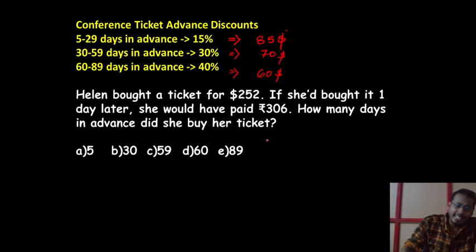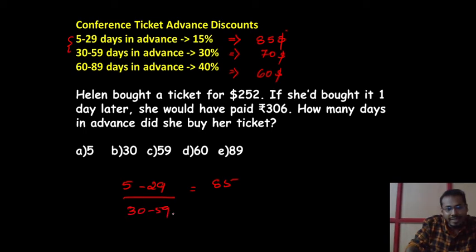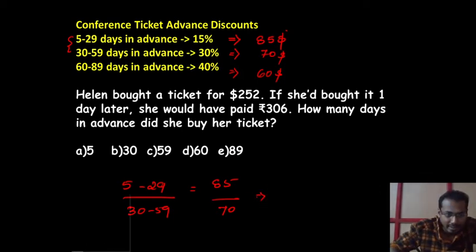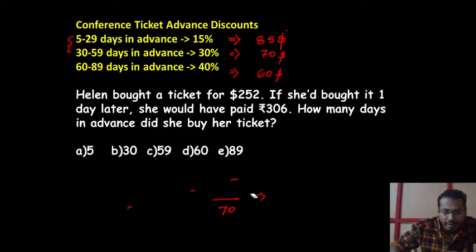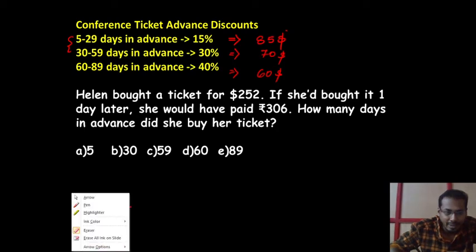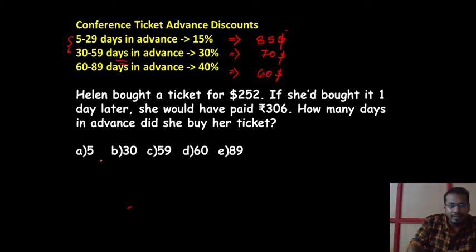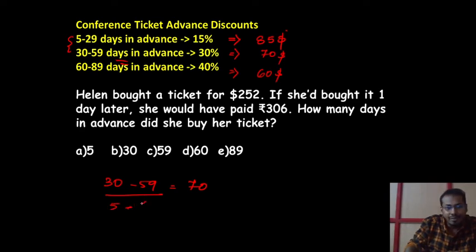First, Helen bought a ticket for 252, and if she bought one day later, she would pay more. Let's compare the higher and lower values. 30 to 59 days is 70, and 5 to 29 days is 85.